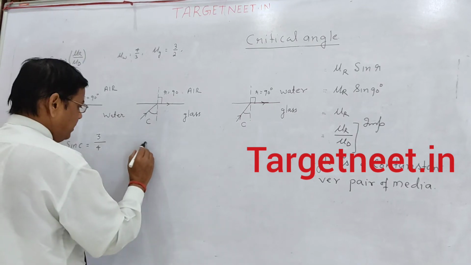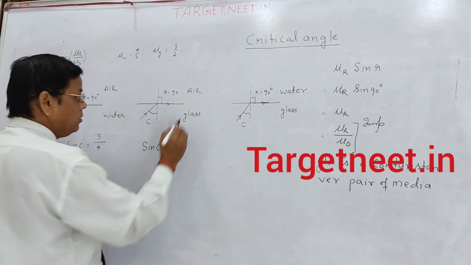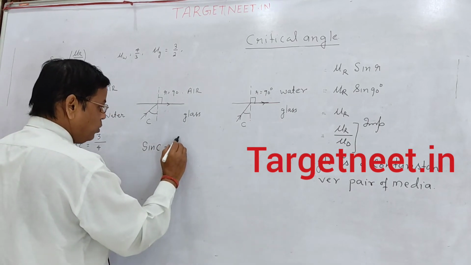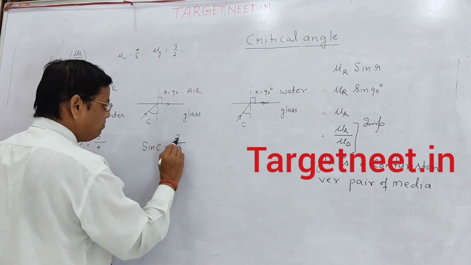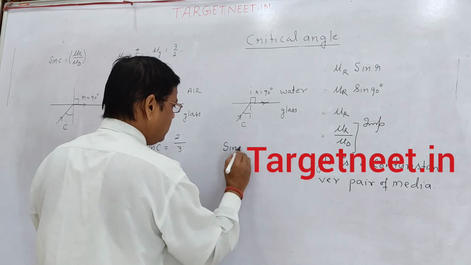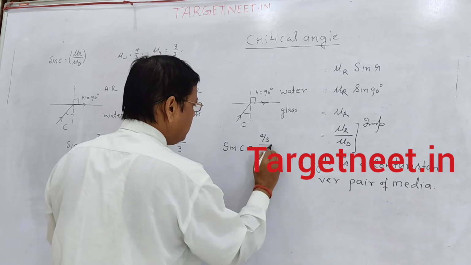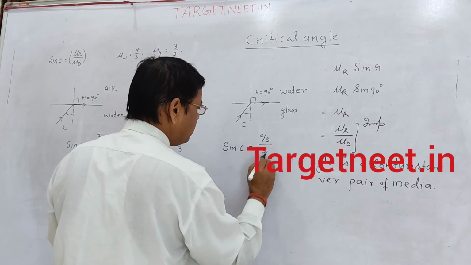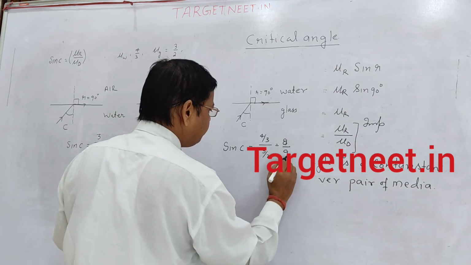Now here if I take sine C, it is the refractive index of air, that is 1, upon the refractive index of glass 3/2. So 2 will go up. Here sine C is the refractive index of water, that is 4 by 3, over the refractive index of glass, that is 3 by 2, so it is 8 by 9.